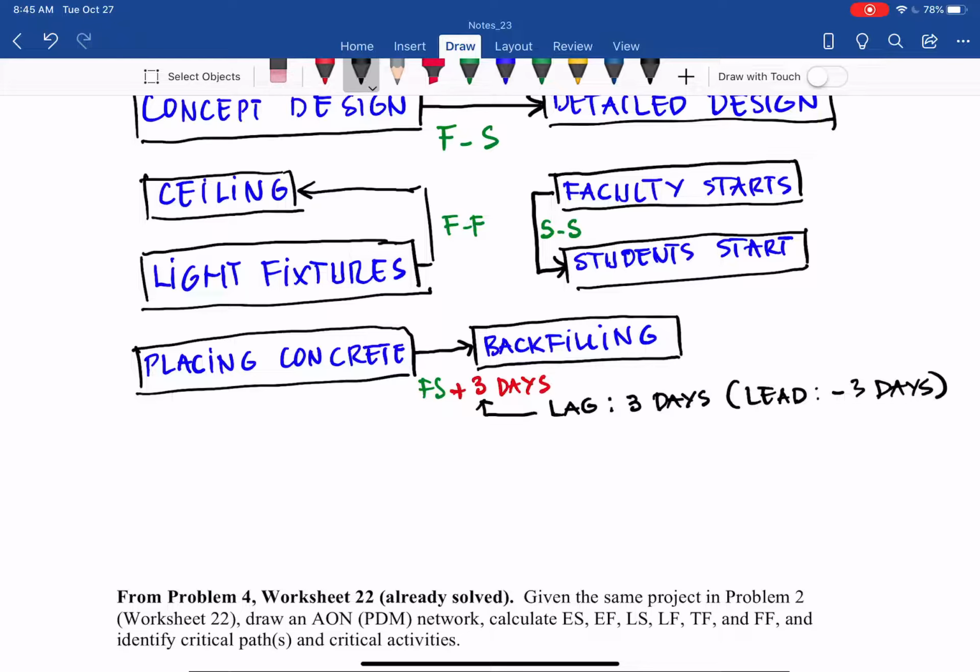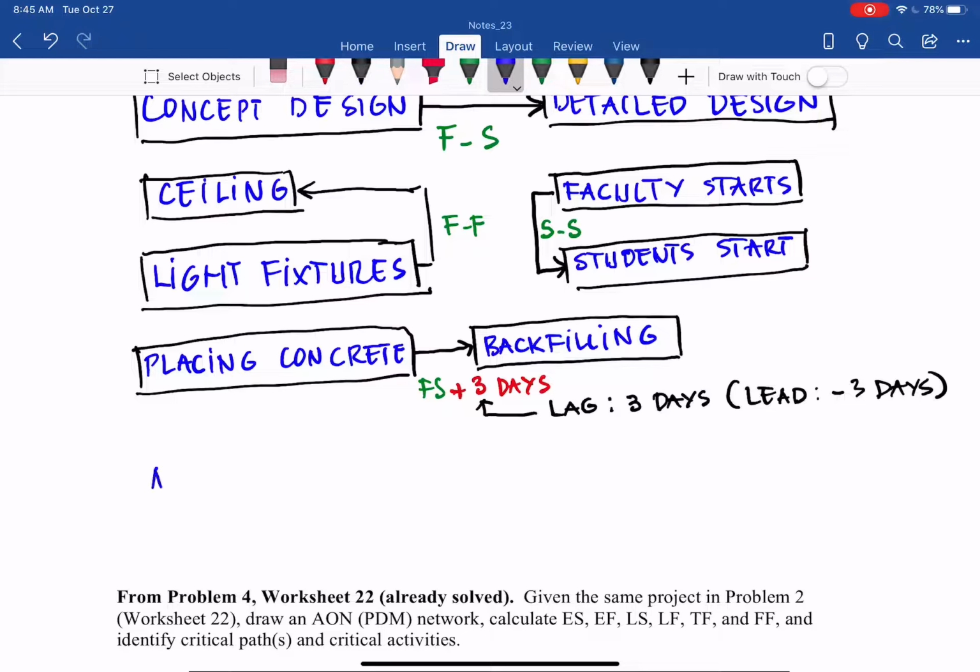Or in the design of a building, like a household, academic building, or any institutional building, office, etc., we need to have architectural design and we need to have engineering design, right?